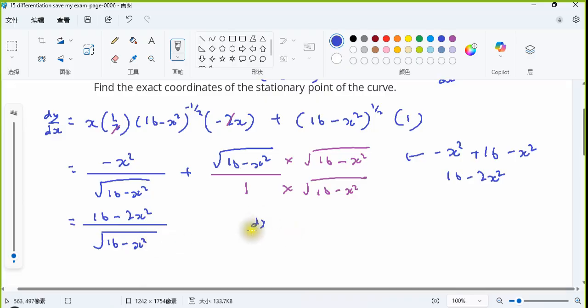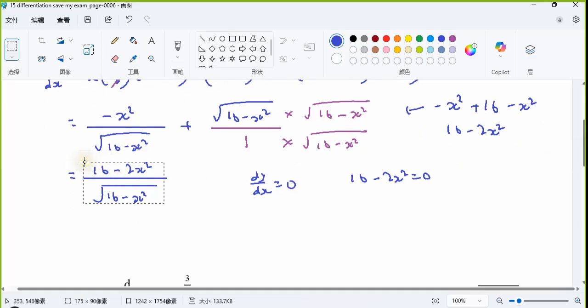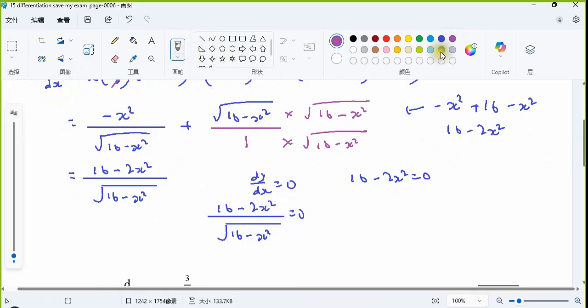So when dy/dx equals 0, we will have 16 minus 2x squared equal to 0. Then we multiply this with 0, then it's 0.